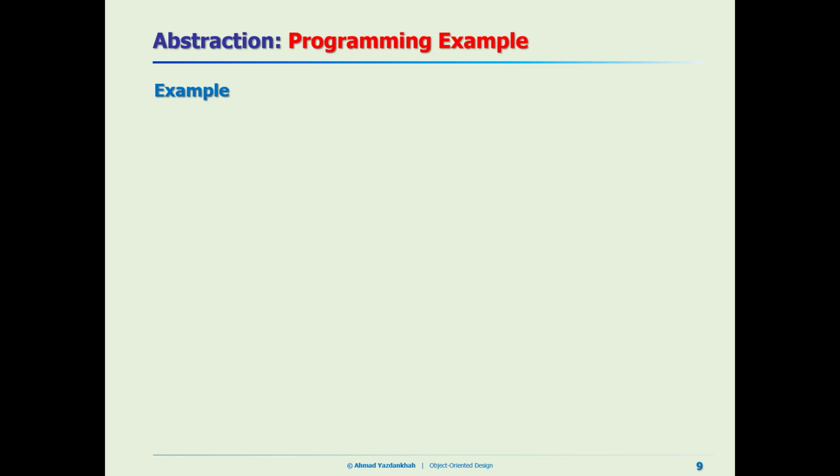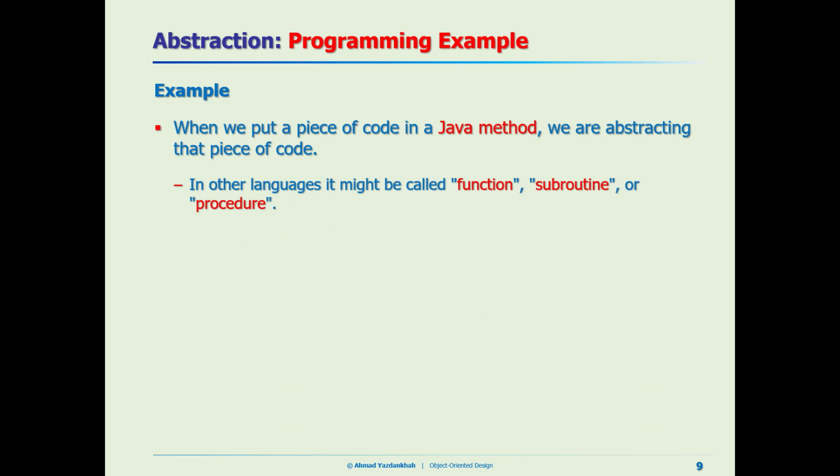Let me take a programming example. When you create a Java method, right, you put a piece of code inside a Java method. And from now on, we just use the Java method name. And this is called abstraction. We are abstracting that piece of code behind the method name.